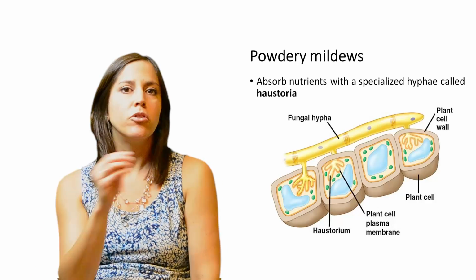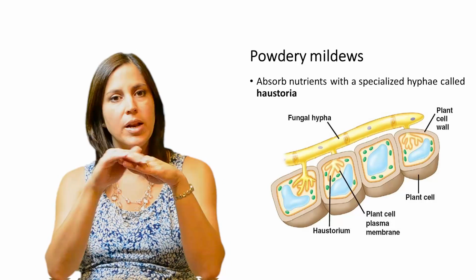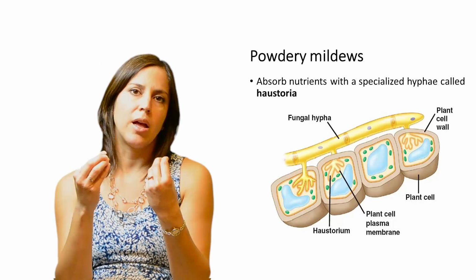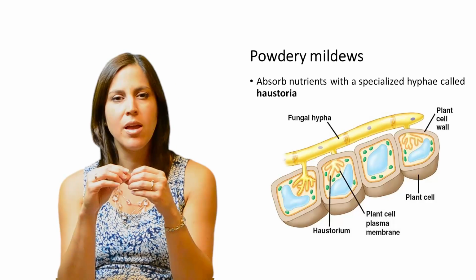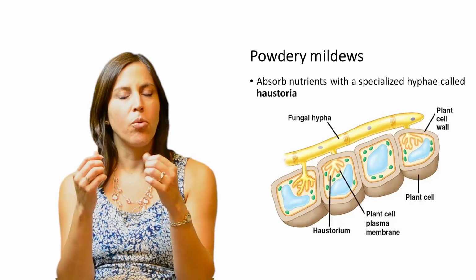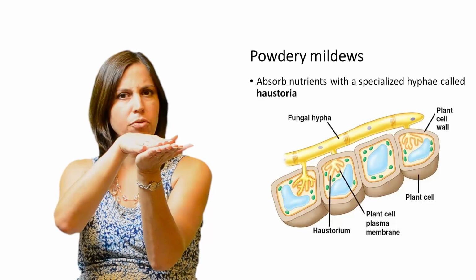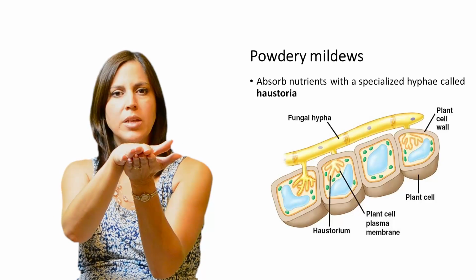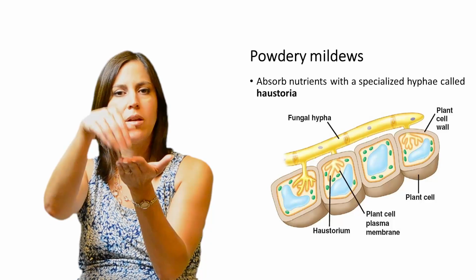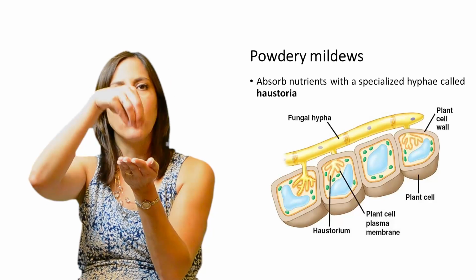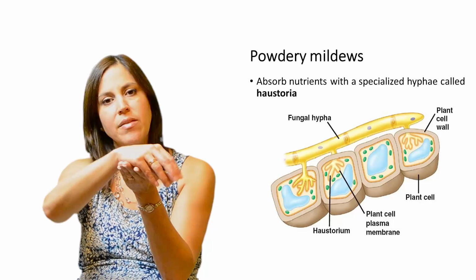So powdery mildews are going to grow on the top of the leaf, and the way that they absorb nutrients is they produce specialized hyphae called haustoria. As the fungus is growing on top of the leaf surface, it is going to penetrate the cells, and these specific structures go inside the leaf and inside the cells.